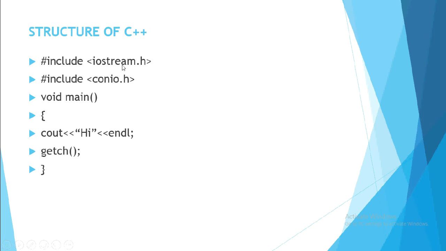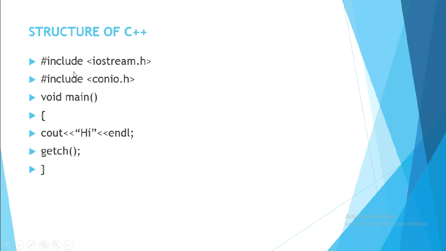The next is conio.h, that is console input output. Over here you will be using the functions getch and clrscr, that is clear screen, and getch, which is basically for the return. Just after writing these two lines, we'll write the main method where we will be writing the lines of code. So void main followed by these two brackets, then curly braces open and we write whatever we want.